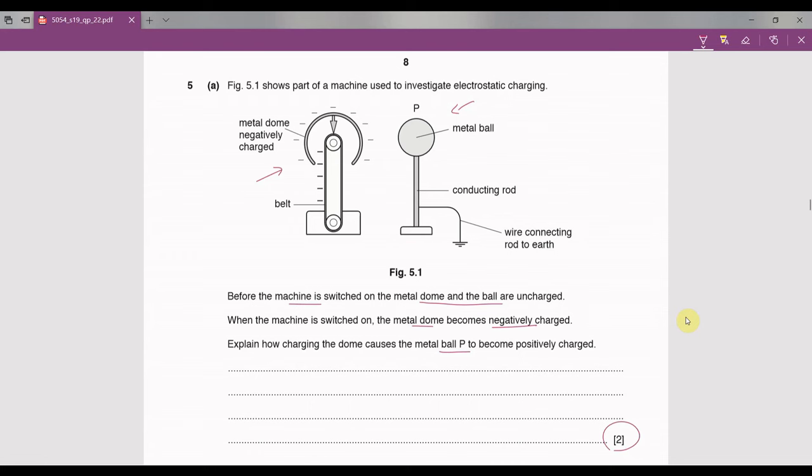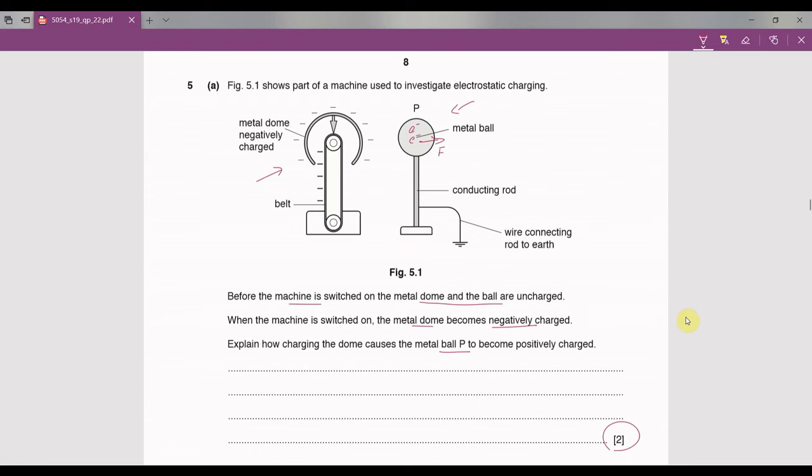So if this dome is negative, obviously the electrons in the metal ball are going to be repelled because electrons have negative charge. So any electron inside P will be repelled. It will go to this side. Okay, and it just wants to go as far away from the dome as possible.